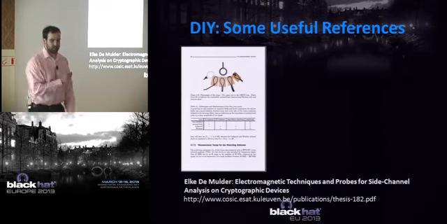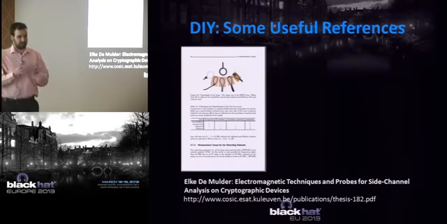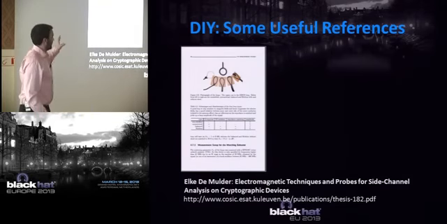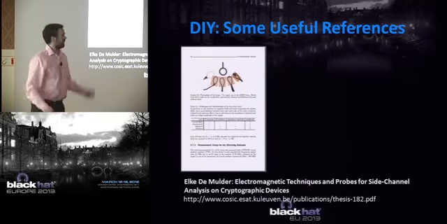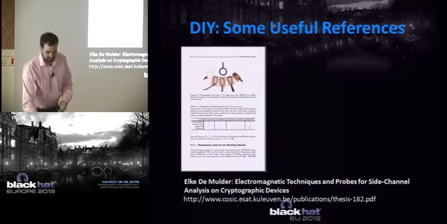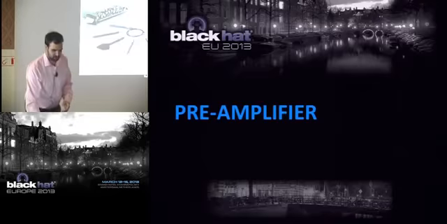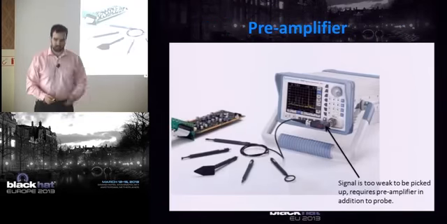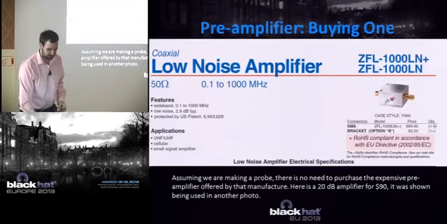And this is, again, a little cooler because you can do this without having to physically modify a real device. So when you're attacking something that isn't just a board you're making, you may want to use an EM probe instead. Part of this probe, you'll notice they have this preamplifier. And these preamplifiers are also very expensive.